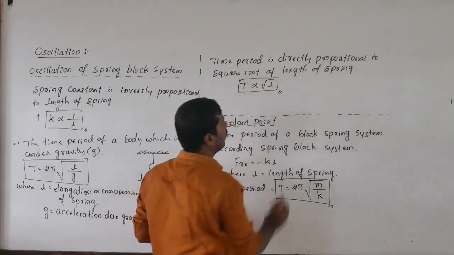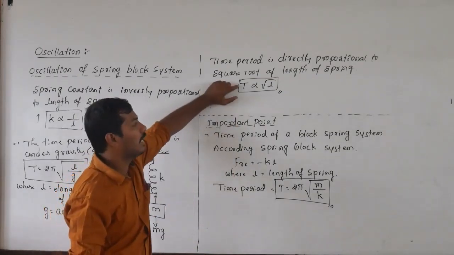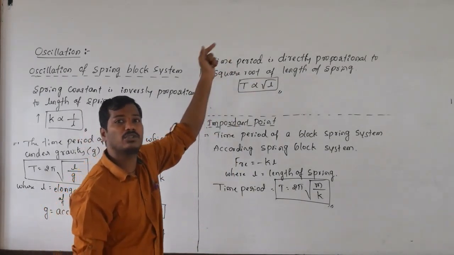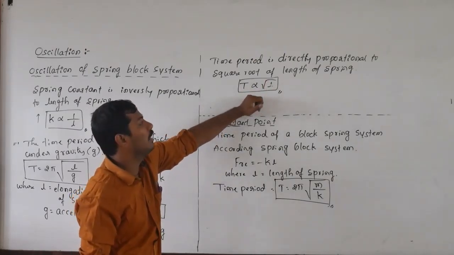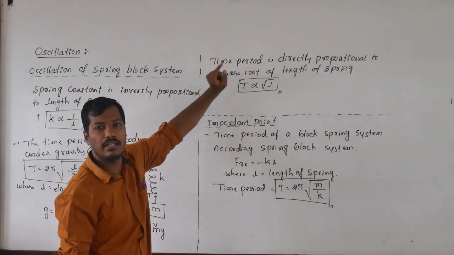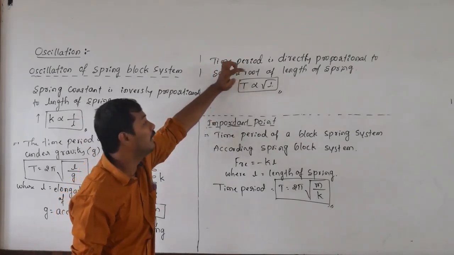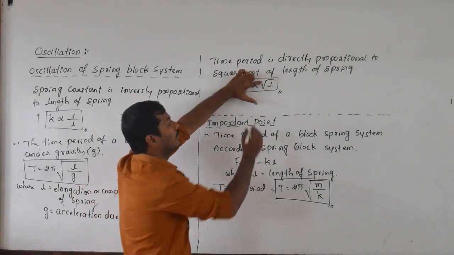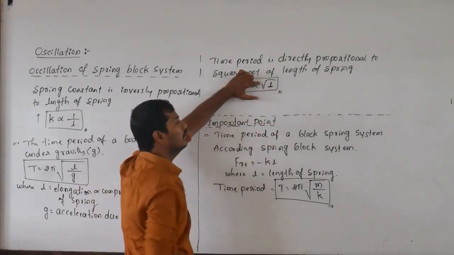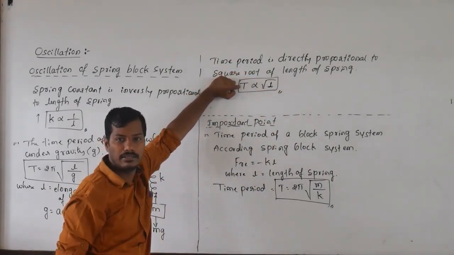If you draw the graph for time and square root of length, these two are directly proportional, meaning if the length increases, the time also increases linearly.